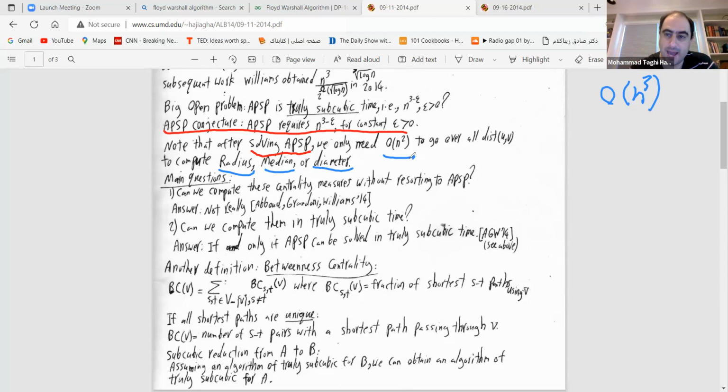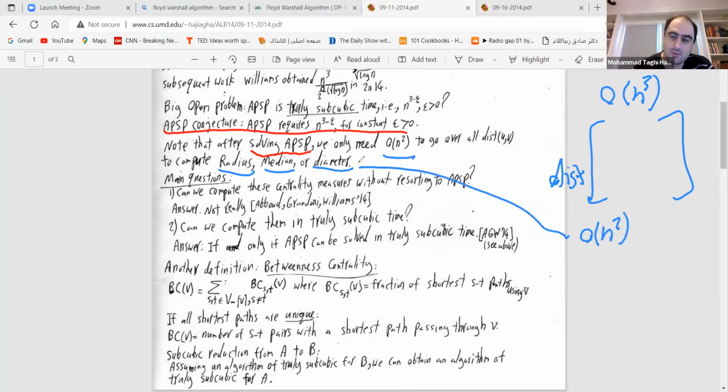Why? For example, if we have this final distance matrix, so this is a distance matrix. Say we are paying n to the 3 and we are finding the distance between any two vertices. Then why can we solve the radius problem in order n square?